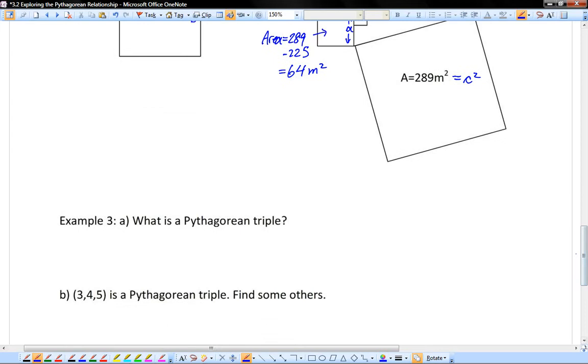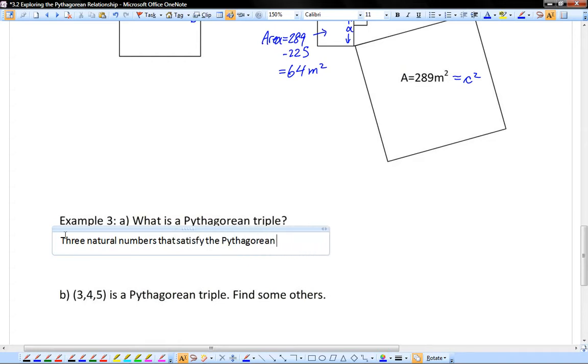Now, in example 3 here, we want to take a look at what is a Pythagorean triple. Okay, so a Pythagorean triple is 3 natural numbers that satisfy the Pythagorean relation, which is to say that we've got three numbers a, b, and c, then a squared plus b squared has to be equal to c squared.